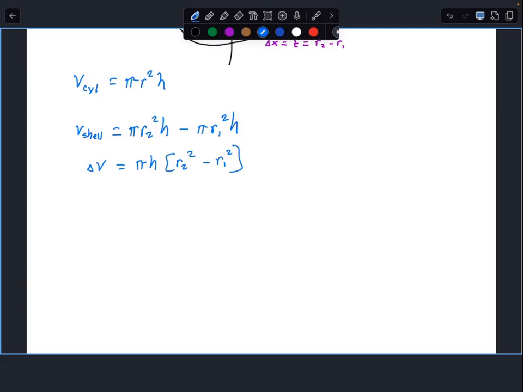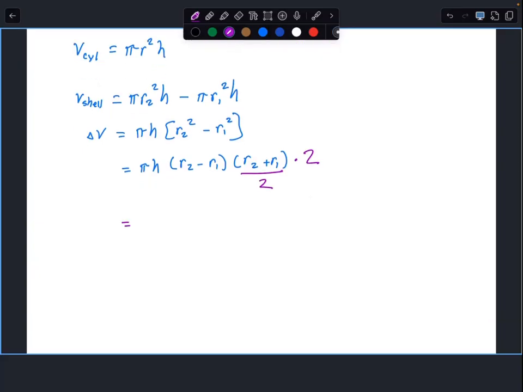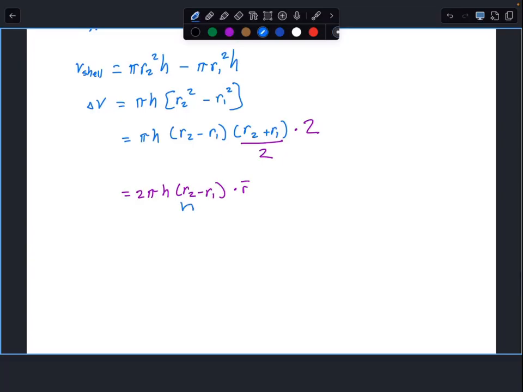Now, if you recall, this is a difference of squares, so we can write this as R2 minus R1 times R2 plus R1. Yes? And I can multiply this whole thing by 1. I can multiply it by 2 and divide it by 2. Did I change it? No. So now we have that this volume is equal to 2 pi h times R2 minus R1 times what? R bar. What is R2 minus R1?